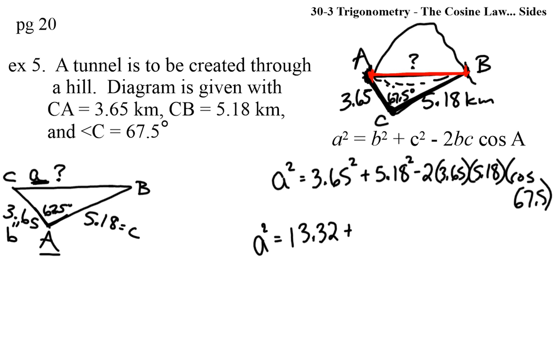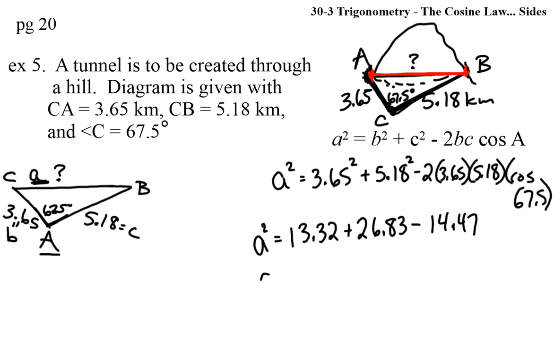Sorry, just a second. 5.18 squared is 26.83, minus 2 times 3.65 times 5.18 times cosine of 67.5, and we get subtract 14.47.